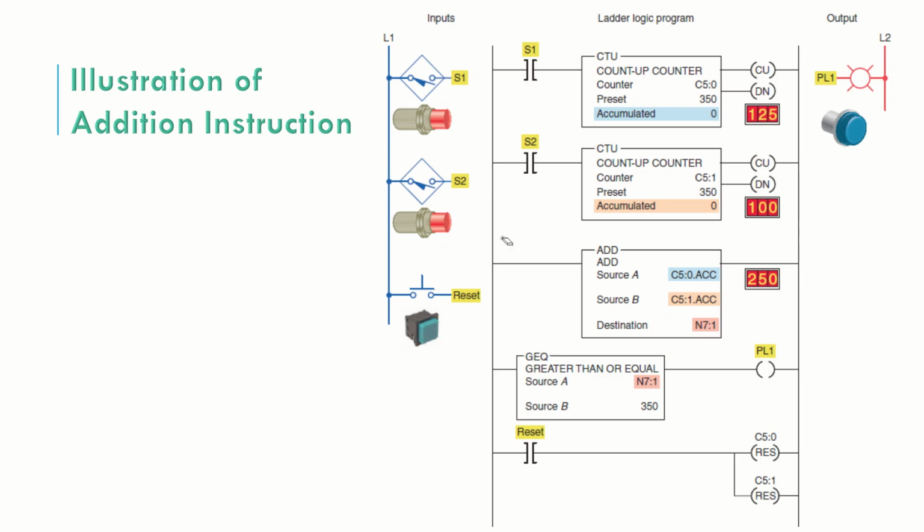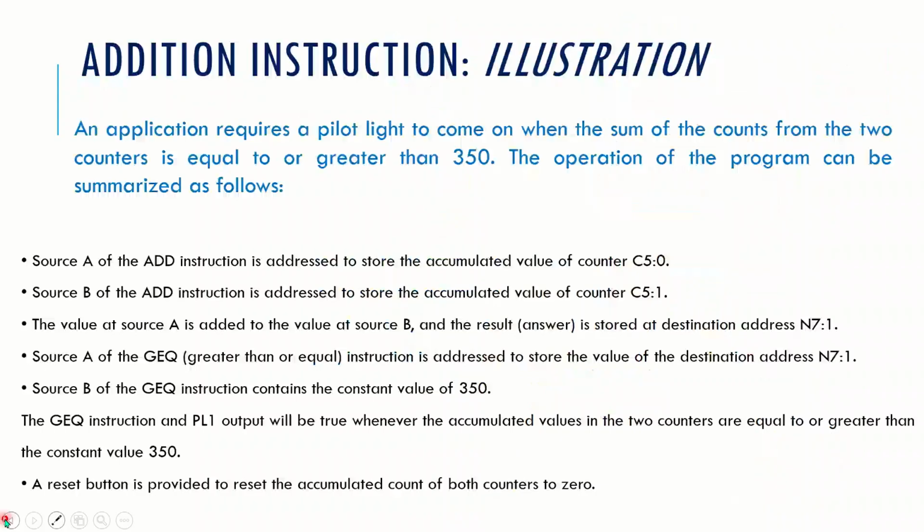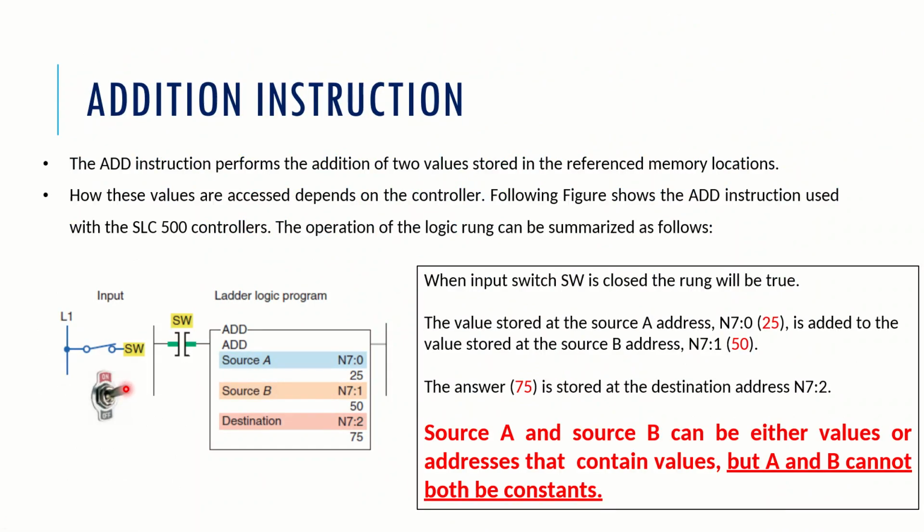Now you can see over here that for your addition instruction, there is no enable input. What does that mean? That means your addition instruction is always in the enabled condition. So whatever the values are there, addition will be carried out in a continuous manner. You can see in our earlier slide, we had put one switch here. What was the purpose of that switch?